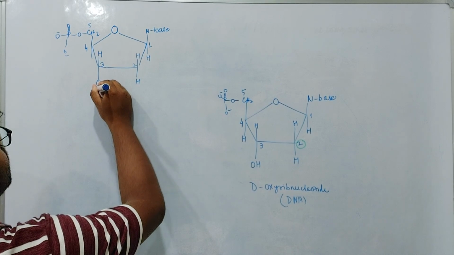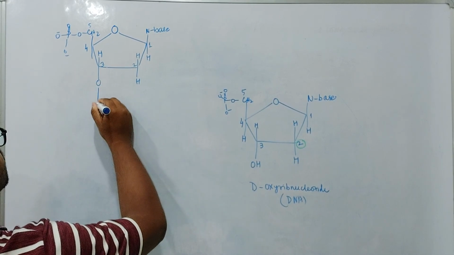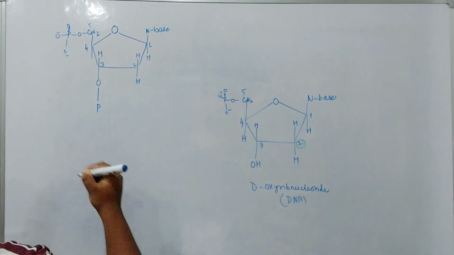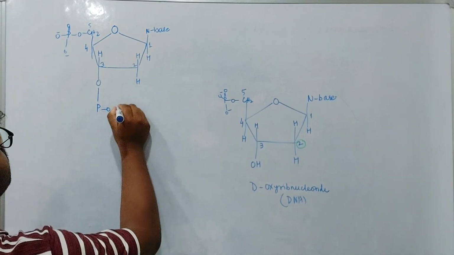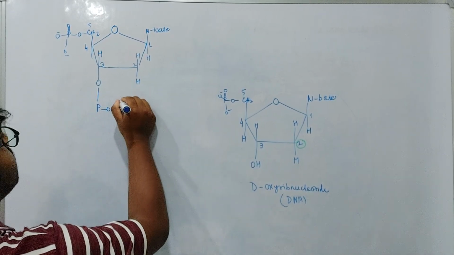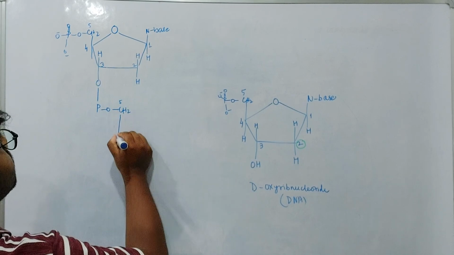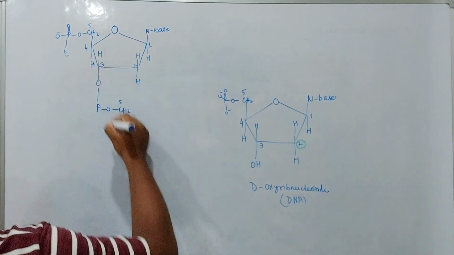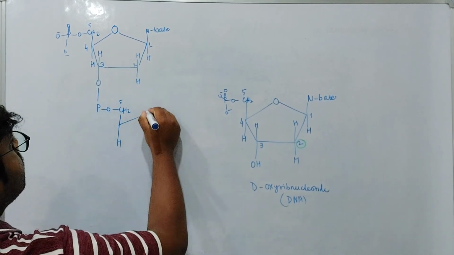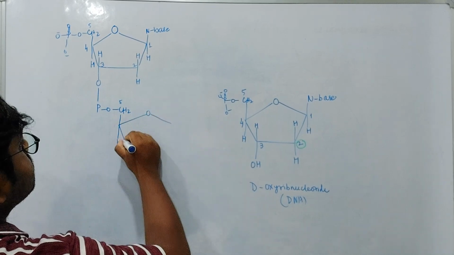So with this, which group will be connected? The phosphorus of the 5th carbon of another nucleotide, like this.